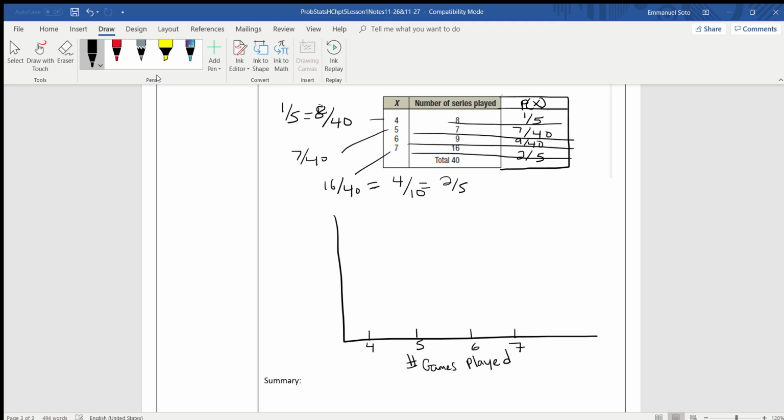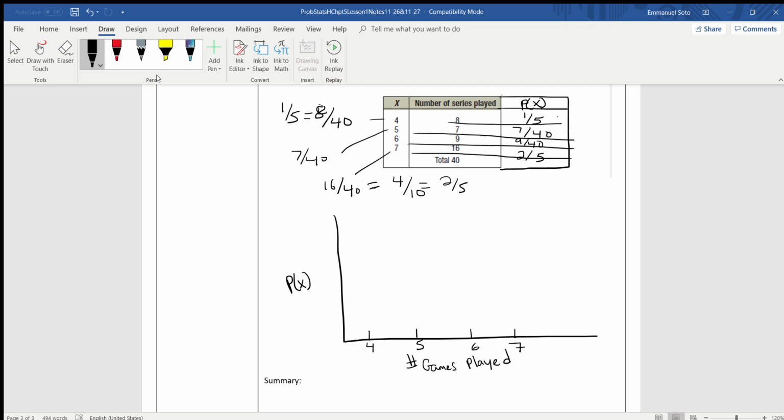Alright, and then we have our P of x, our probability. You could do it in terms of 40 or whatever you want. So here what I'm going to do is I'm going to kind of convert these into decimals. Alright, so we're going to go ahead and divide this on the calculator, but you don't have to convert it into a decimal if you don't want to.